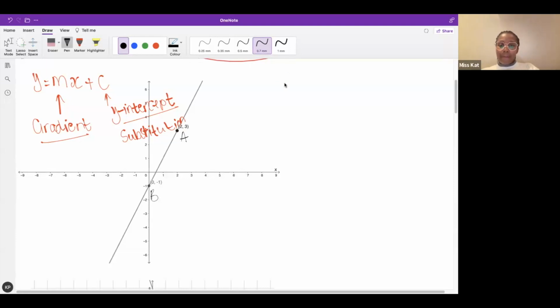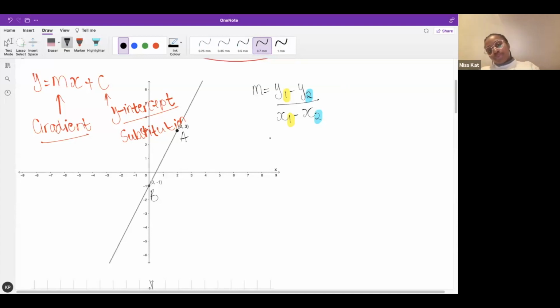Ma'am, our formula is m equals y1 minus y2 divided by x2 minus x1. Remember, they have to be in the same order: x1 minus x2. Will you get your answer the same if you swap them around? No, if you swap them around, you won't get the same answer.